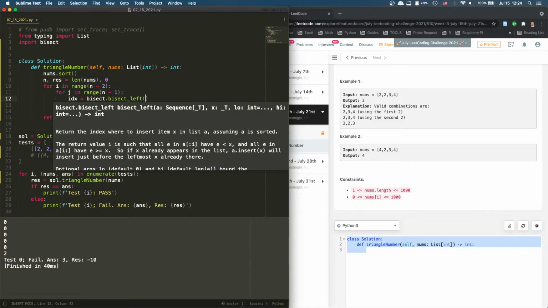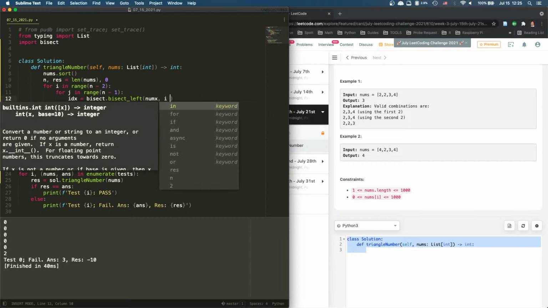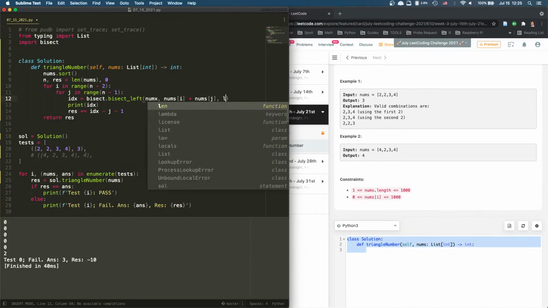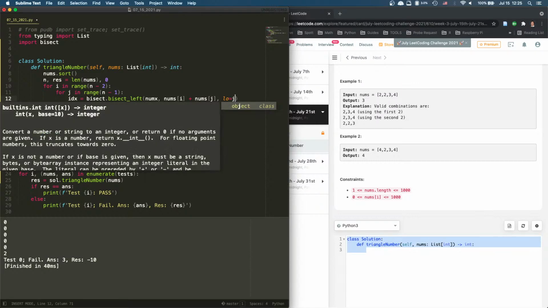And yeah, that's right. Nums and x, right? Nums and i. Oh, it's not i plus j. Yeah, it's nums i plus nums j. And I just realized we can push on the low, right? Low is going to be j plus 1.